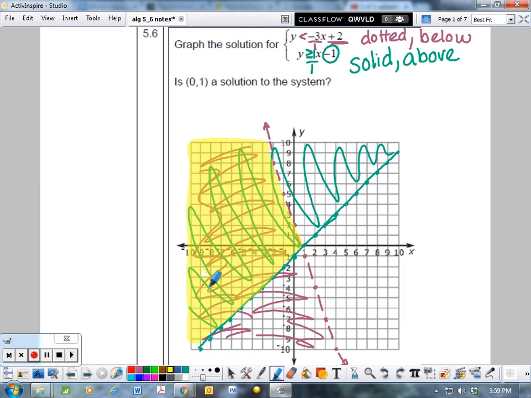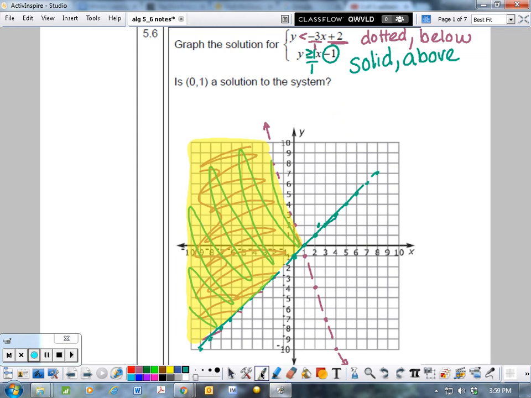And so this is my true answer. And in fact, I can go back in here and I can erase all this part where the shading did not overlap. So now I have my true answer.